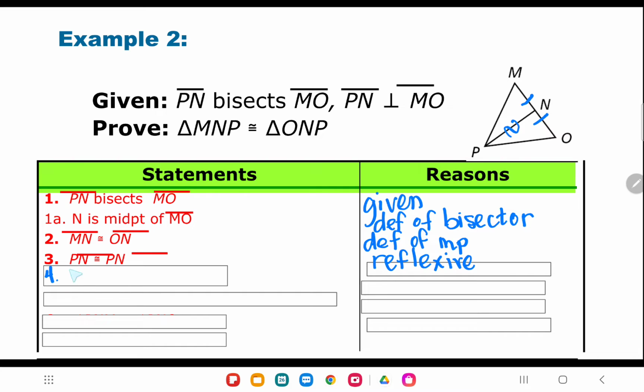I'm going to note that PN is perpendicular to MO. That's a given. That's statement 4. My next statement that tells me that angle PNO and angle MNP are right angles.